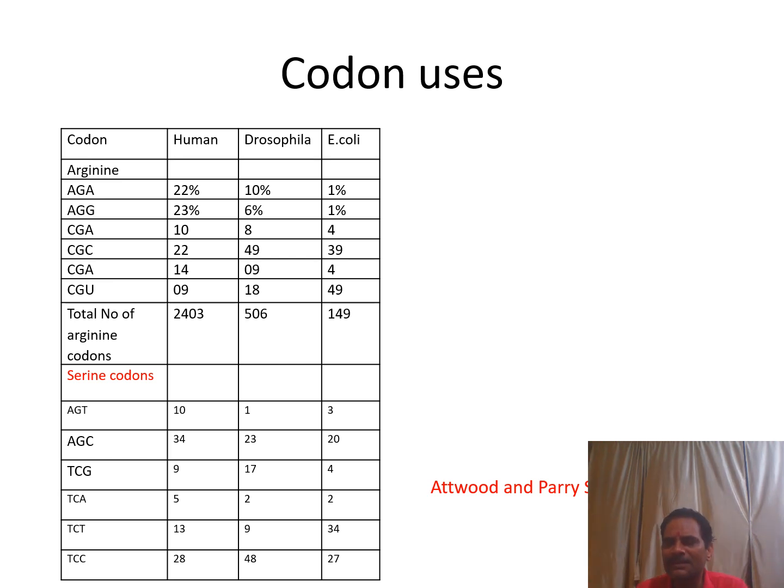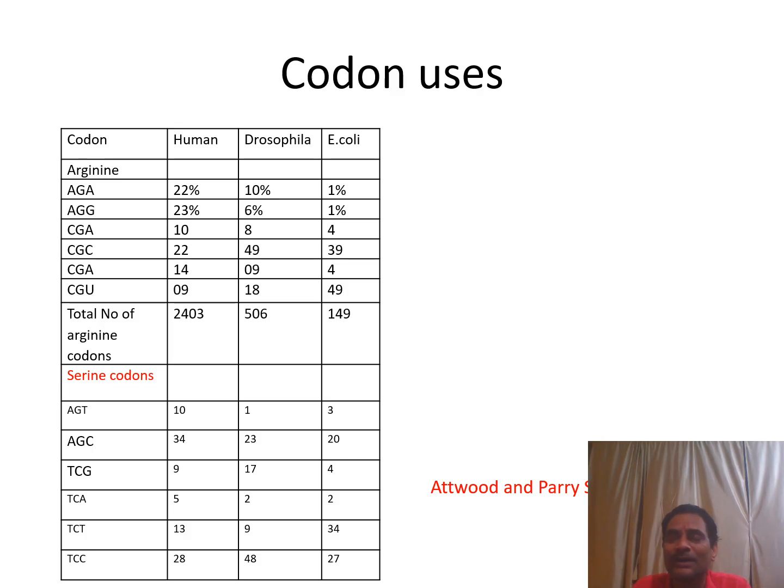This discrepancy, this difference in preferences of the synonymous codon sets, is called codon biasness. So due to codon biasness, what happens? When you clone a human gene, there is a chance this AGA codon is more frequent in that gene.